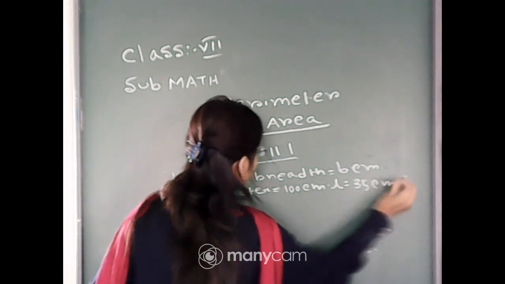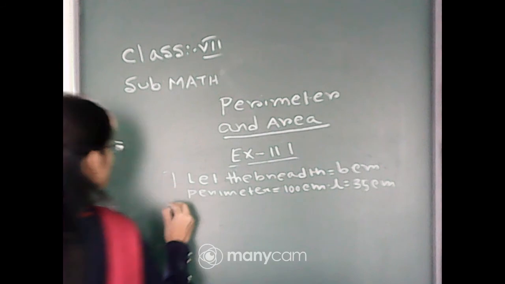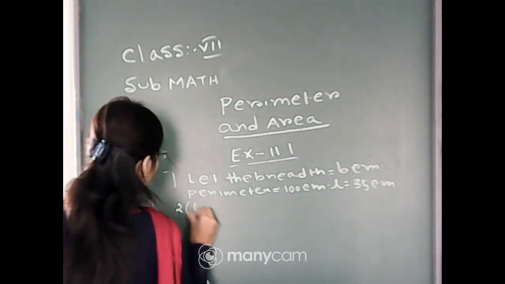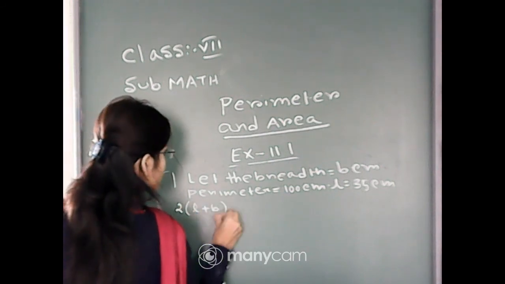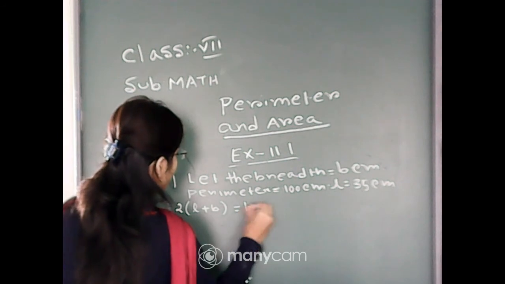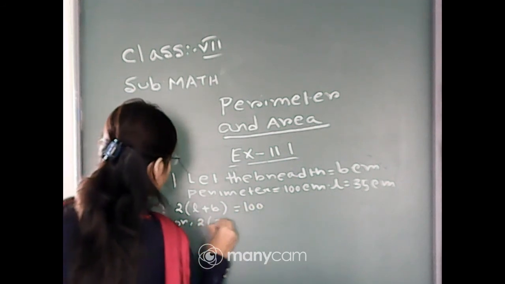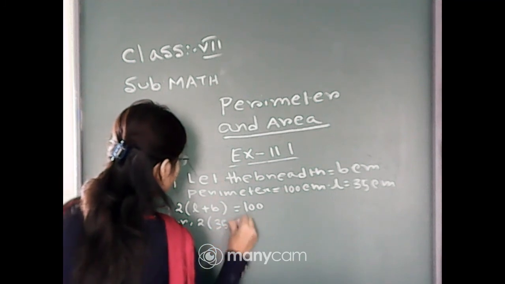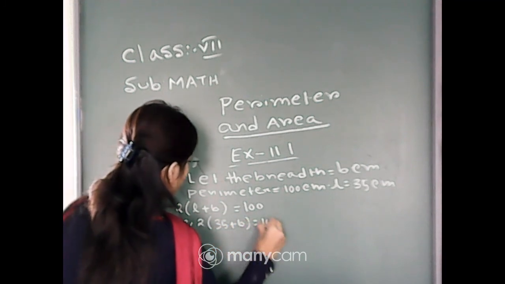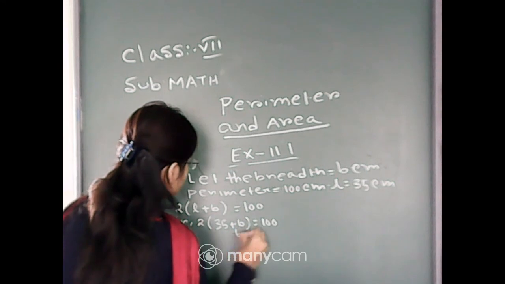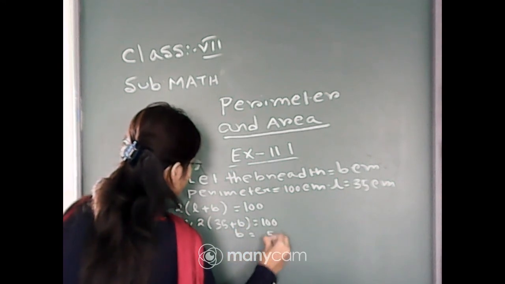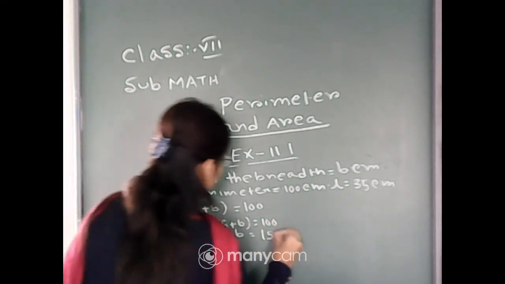We all know that the perimeter formula is 2 into (L plus B) and this is equal to 100, or 2 into (35 plus B) is equal to 100, or B is equal to 15 cm.